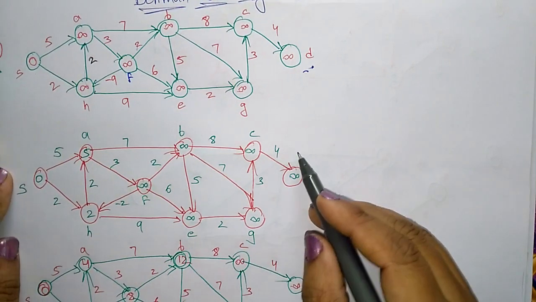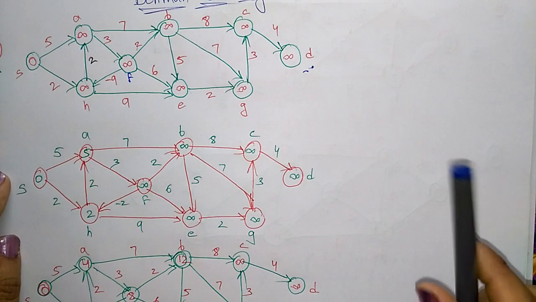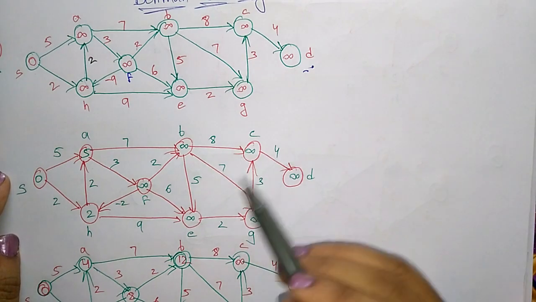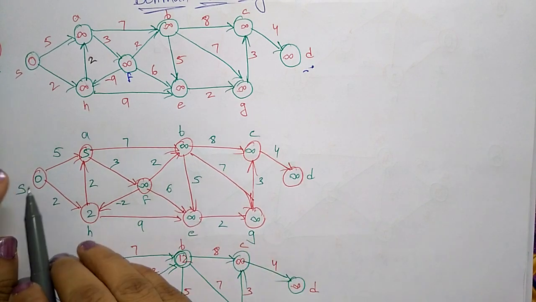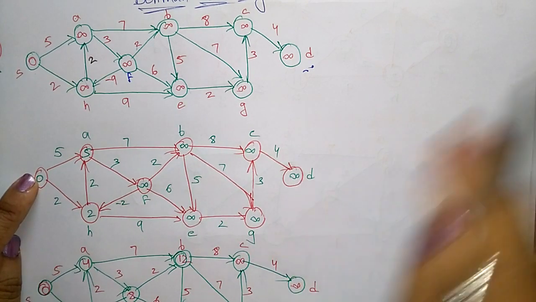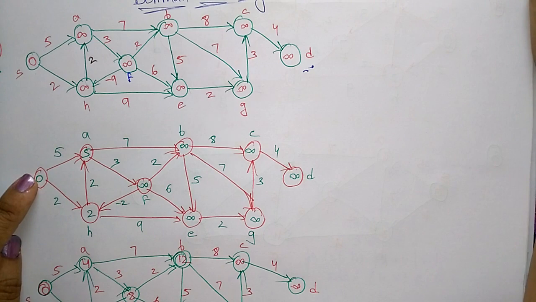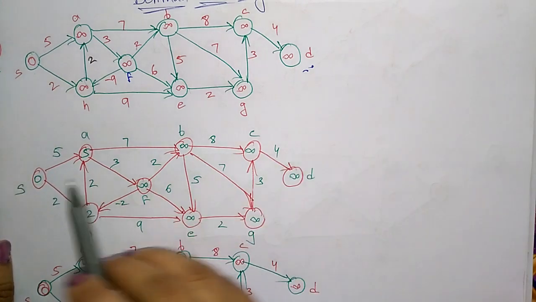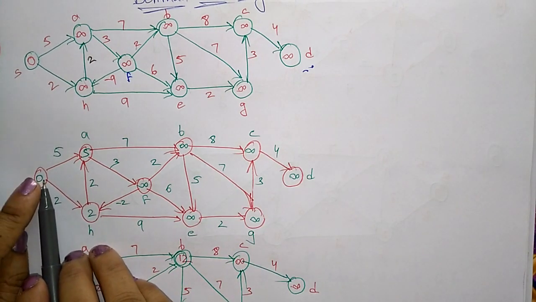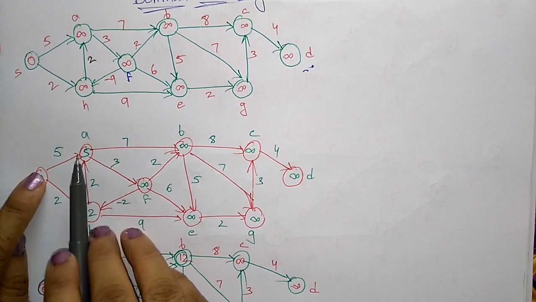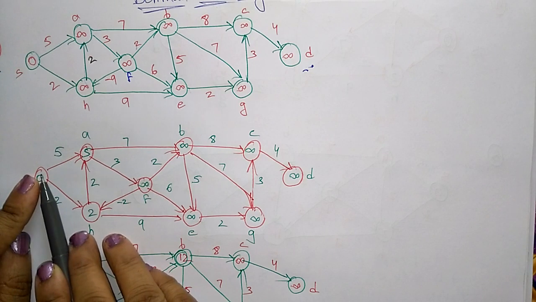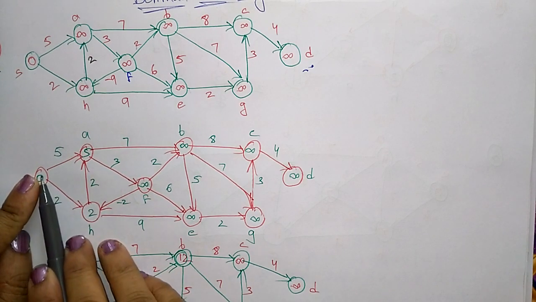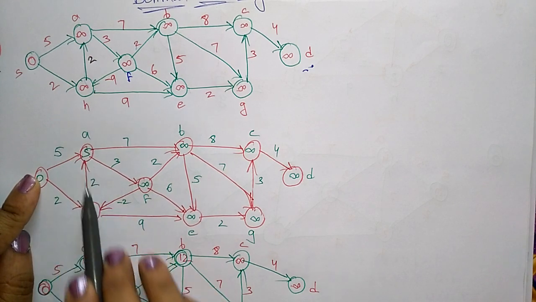Coming to the first step: all the vertices which are reachable from the source are updated by minimum cost. Let me explain once again. In the first step, all the vertices reachable from the source vertex are updated. So this vertex and this vertex are reachable from the source.